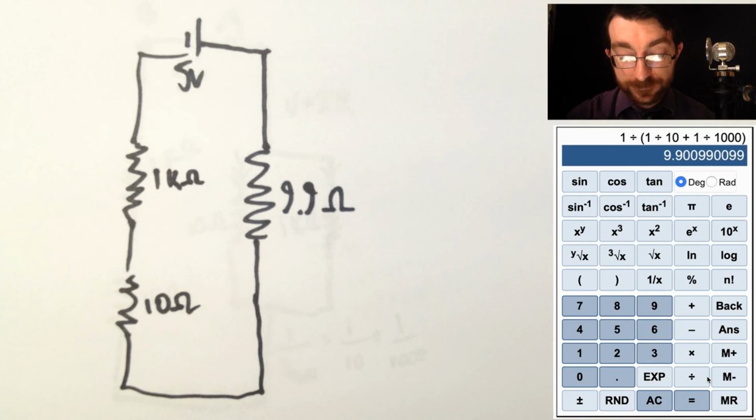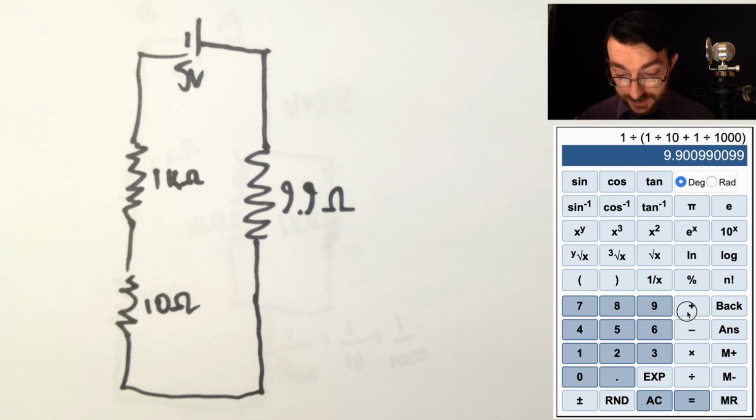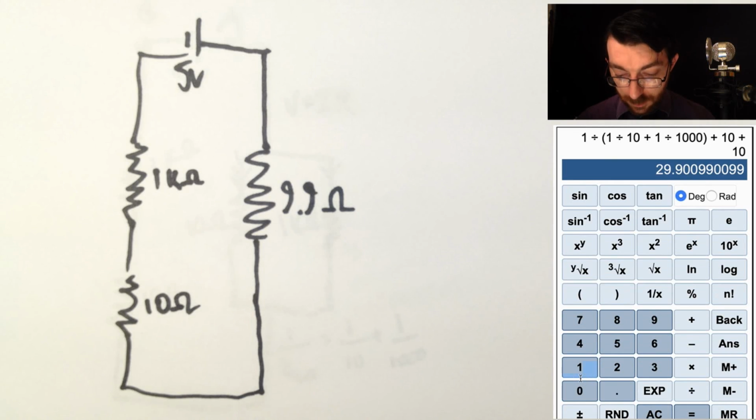My 1000. Okay, so we can actually find the equivalent resistance of this entire circuit, and that is going to be 9.9 plus 10 plus 1000.